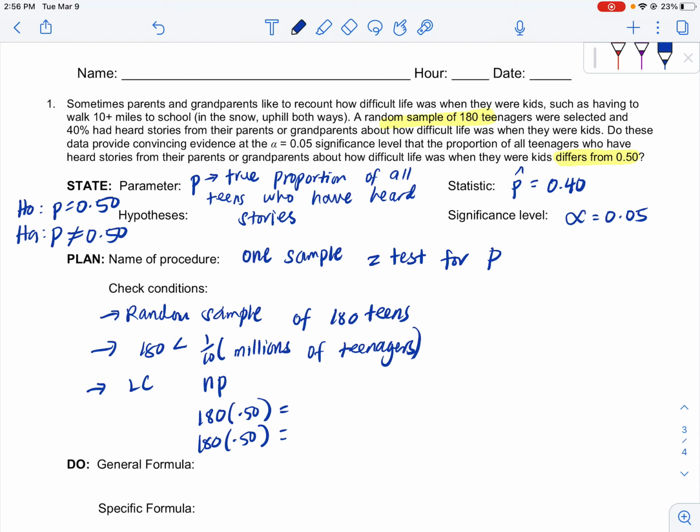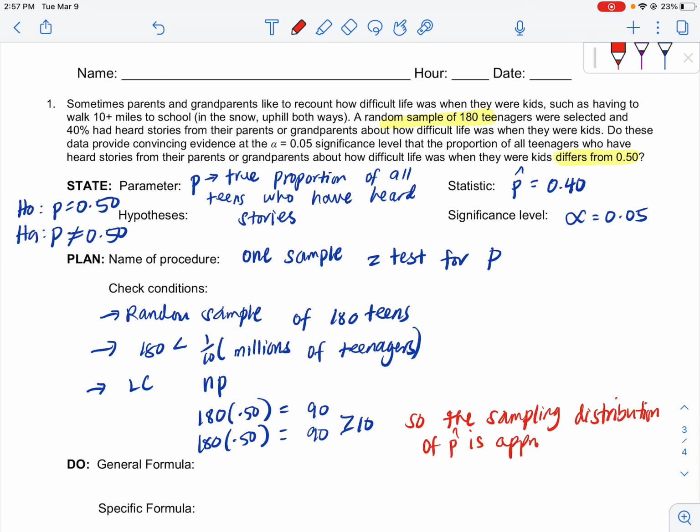And that is 90. That is 90. Both are greater than or equal to 10. So the sampling distribution of p hat is approximately normal.